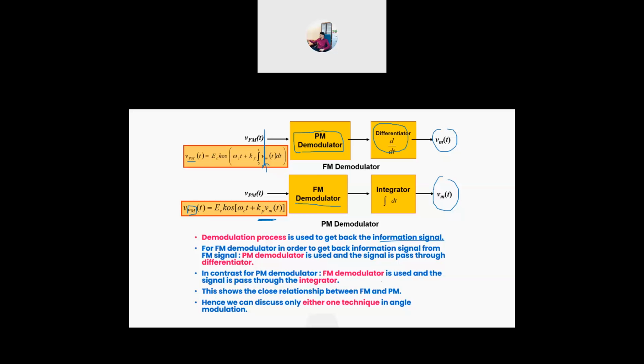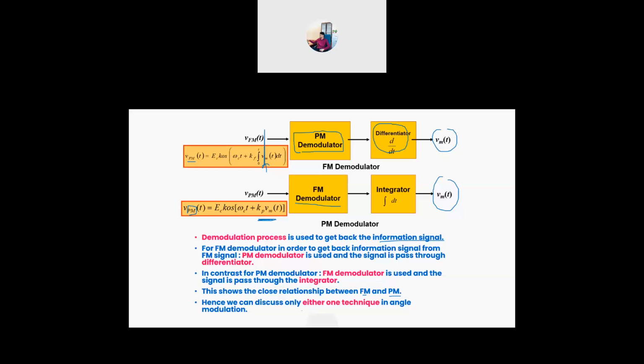In contrast, for PM it is the same. This shows the close relationship between FM and PM. Hence, we can discuss only one technique in angle modulation because they are relatable to one another. Angle modulation involves FM or PM.